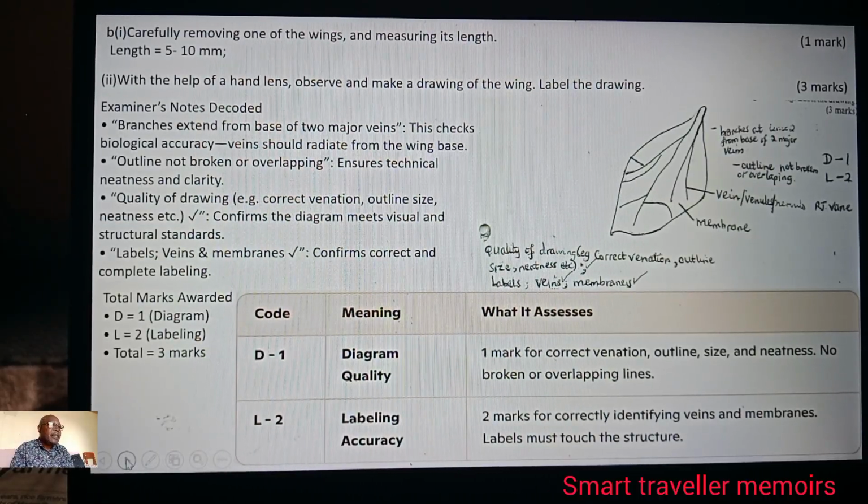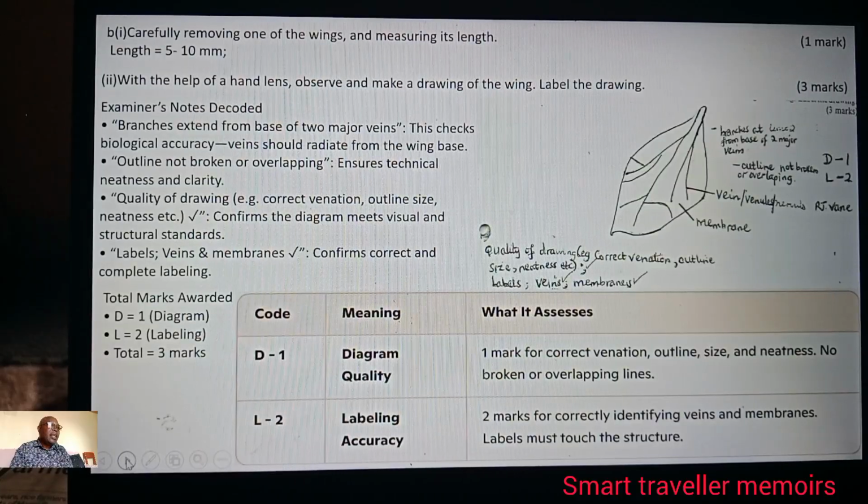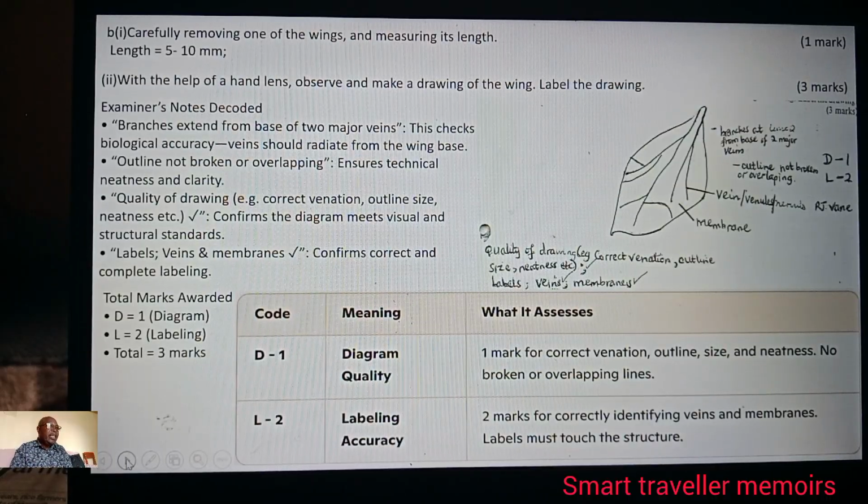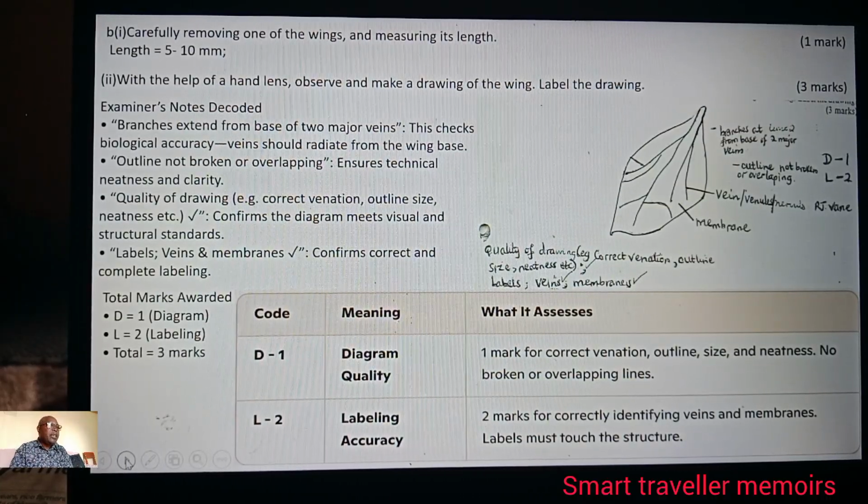Branches extend from the base of two major veins, that is the veins branching, and this checks biological accuracy. Veins should radiate from the wing base.